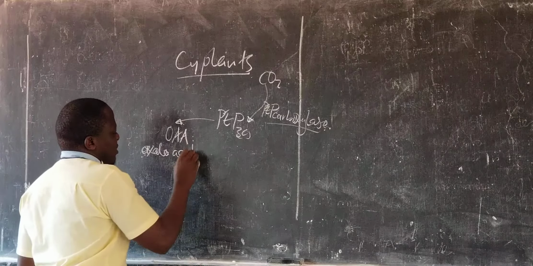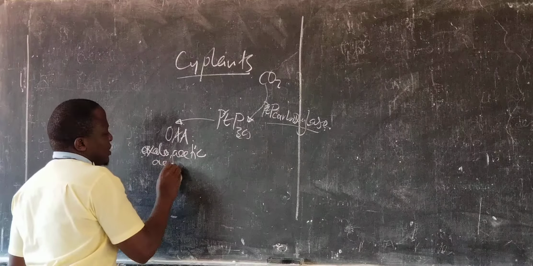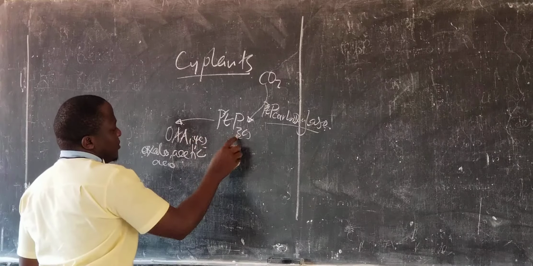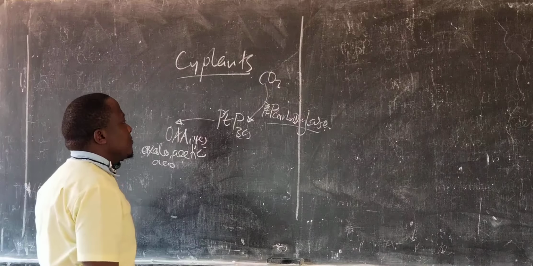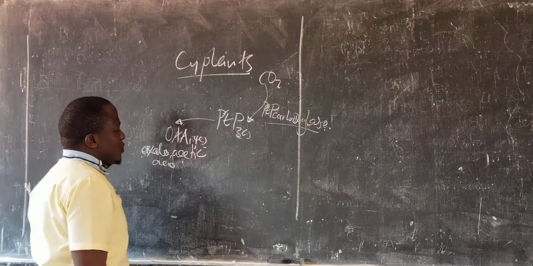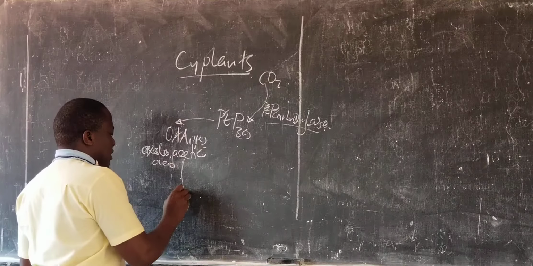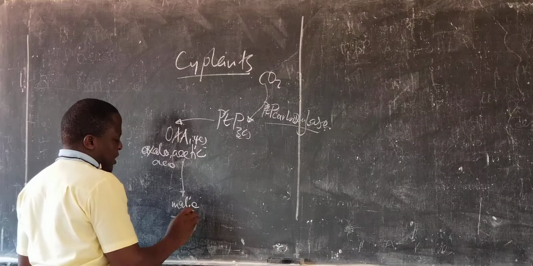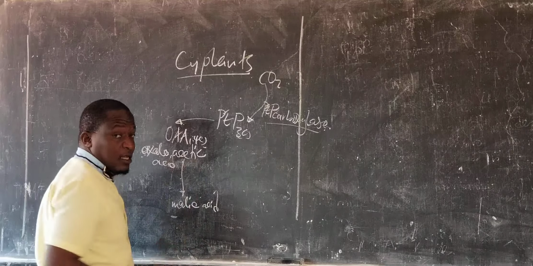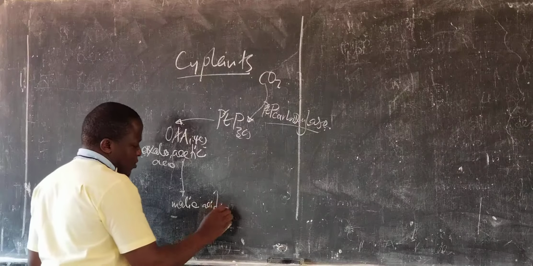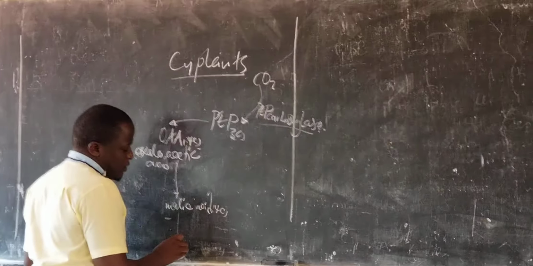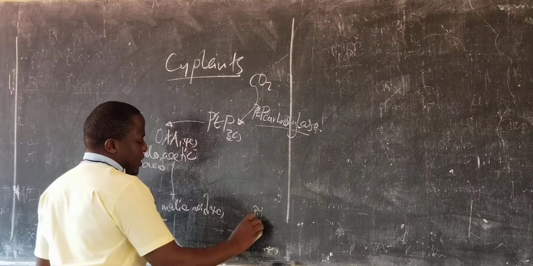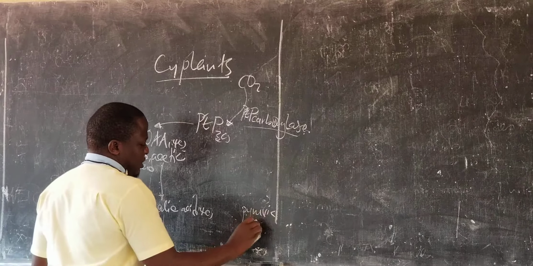Oxaloacetic acid is a 4-carbon compound, because we had a 3-carbon compound and added another carbon from the carbon dioxide. Oxaloacetic acid will form malic acid, a 4-carbon compound, which generates pyruvic acid.